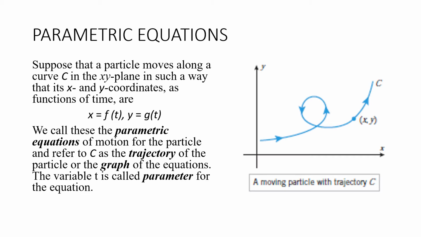We call these the parametric equations of motion for the particle, and refer to C as the trajectory of the particle or the graph of the equations. The variable t is called a parameter for the equations. In this case, we can see a moving particle with a trajectory C.